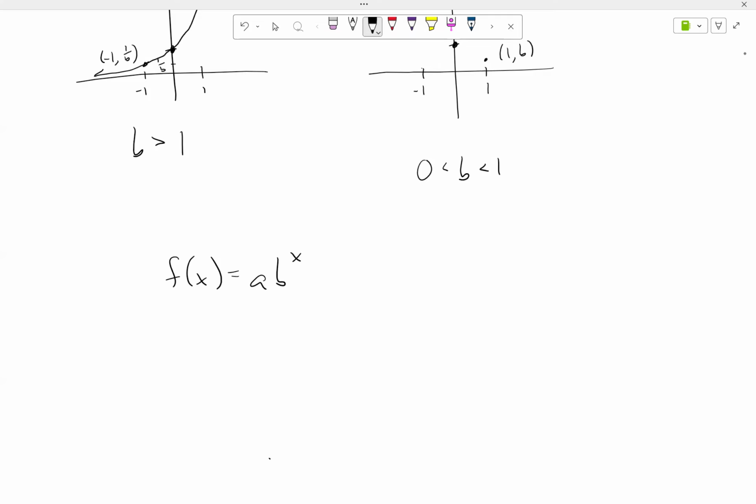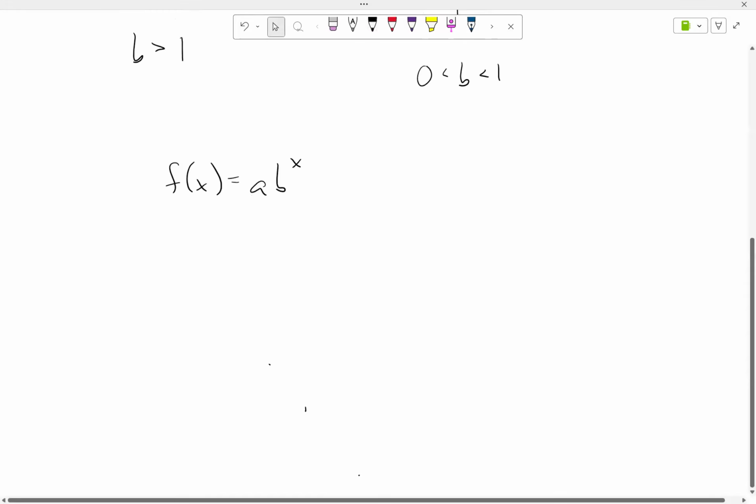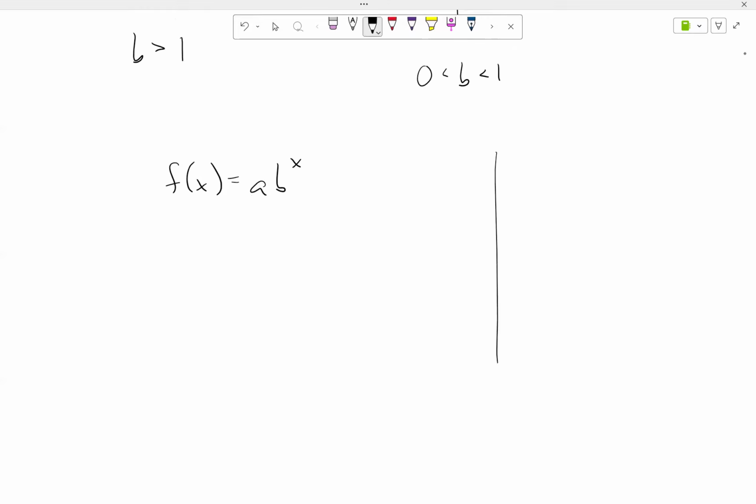Take a moment to discuss with your neighbor what that a does to your function. Show me, what does that a do?